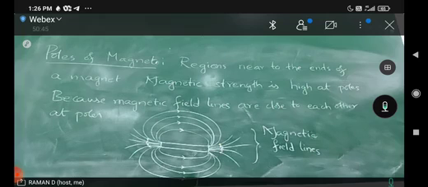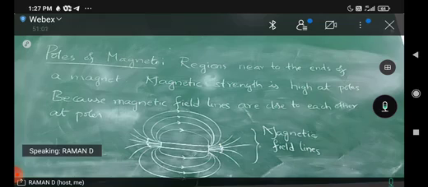So a freely rotating or suspended bar magnet always comes to rest in the same direction, which is the north and south direction. A freely rotating or freely suspended bar magnet always comes to rest in the same direction. What is the direction? North-south direction.